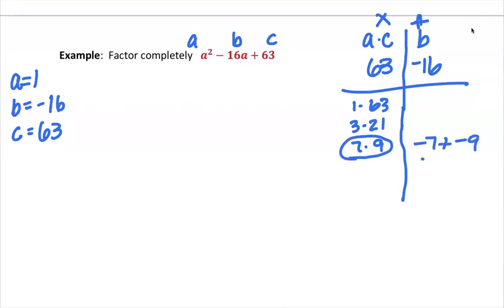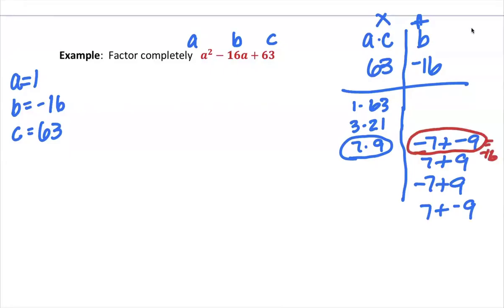We can adjust signs to be both positive, both negative, or one of each. Can we create a negative 16 out of one of these pairs? Yes, we can. This one would produce a negative 16 if we were adding. So we know the two numbers we're looking for are a negative 7 and a negative 9.